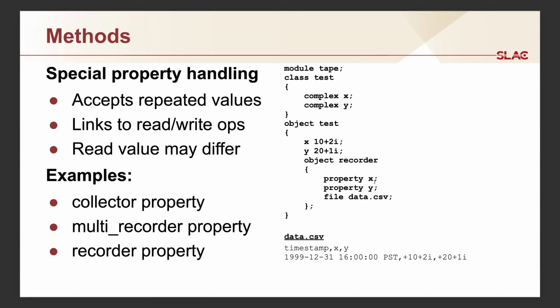And so here you see, for example, property X and property Y are provided separately to the method, and when you output the data, you can see that both X and Y are listed. If you were to ask the recorder object for its list of properties, it would return both X and Y. It would tell you that it has both properties as its input. And if you were to pass X comma Y to the property method, it would work similarly.